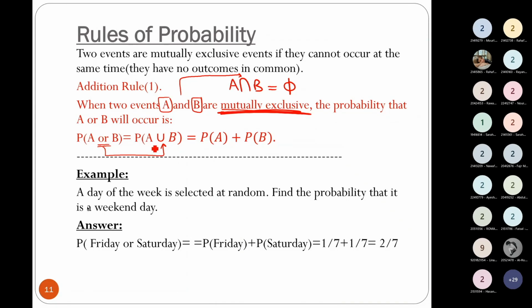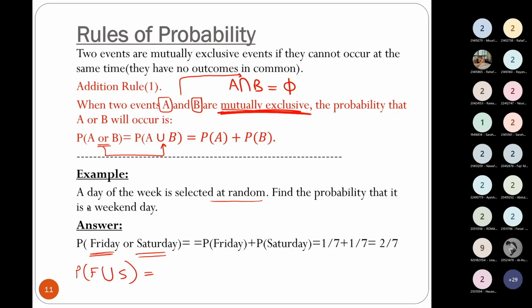We have three events, all mutually exclusive. Probability of A union B union C equals probability of A plus probability of B plus probability of C. Look at this. A day of a week is selected randomly. In the week, we have 7 days. Find the probability that it is a weekend day. Weekend day means Friday or Saturday. So we need to find the probability of Friday union Saturday.